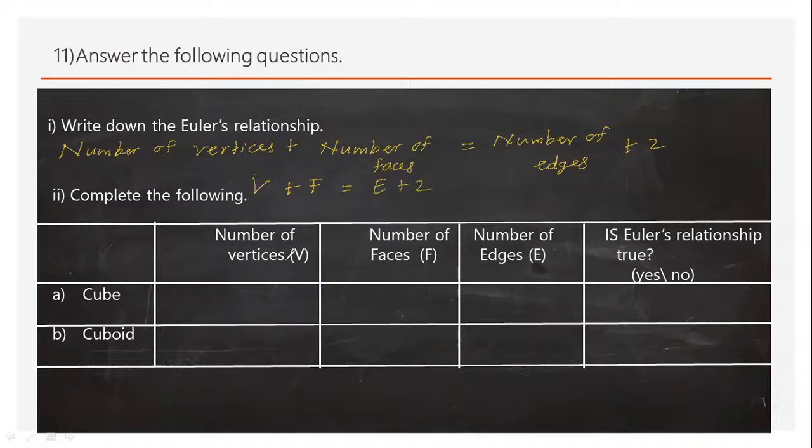Cube. How many vertices can we see in a cube? 8. Number of faces? 6 faces are there. Number of edges? 12 edges. Then Euler's relationship is true. Let's apply and see. Number of vertices, V is 8.